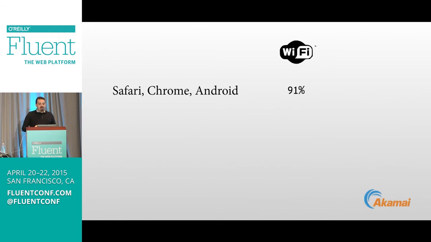Another problem here, look at this. This is information from Akamai. 91% of the people, so 9 out of 10, on Wi-Fi with a mobile phone are using Safari, Chrome, or Android browsers. But when we move this to cellular connections, it goes down to 7 of 10.